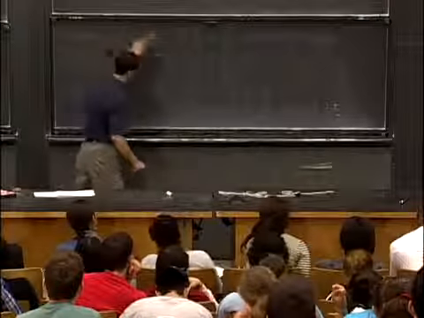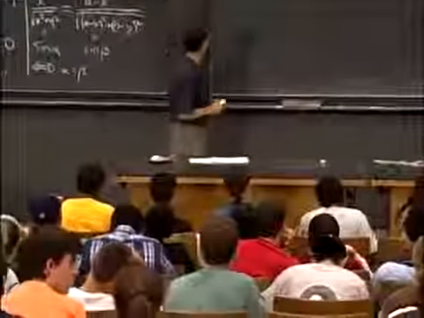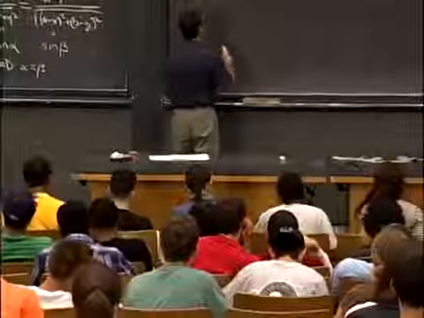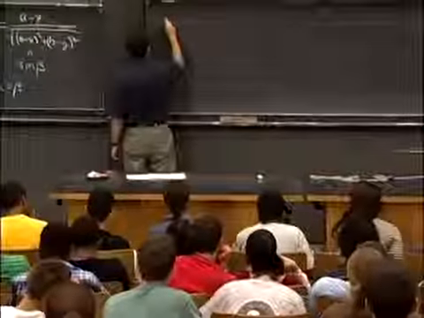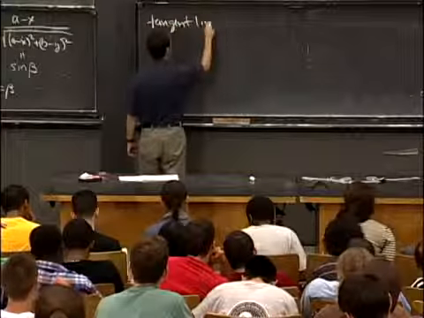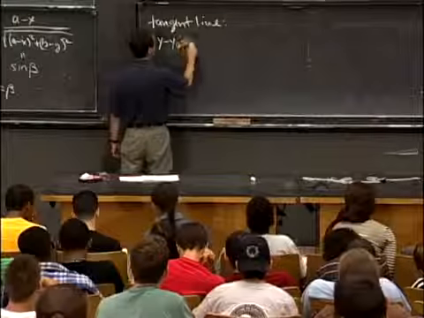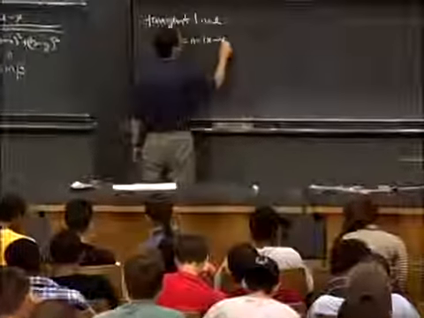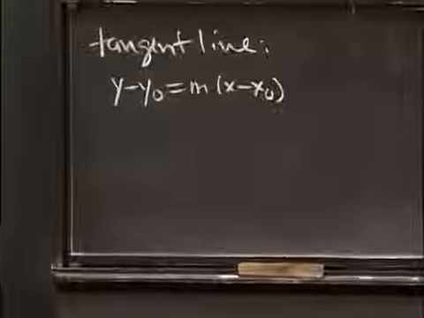All right. So now, the first step here is we have our guess, we have our tangent line, which has the formula y minus y0 is equal to m times (x minus x0). All right? So that's the general form for a tangent line.